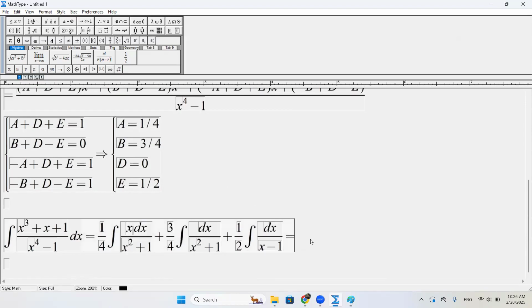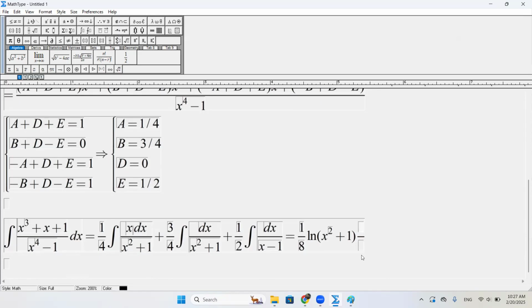And we have 3 table integrals. The first of them is 1 over 8 logarithm of x square plus 1. The next integral is arctangent. Oh, no, stop, just a moment.